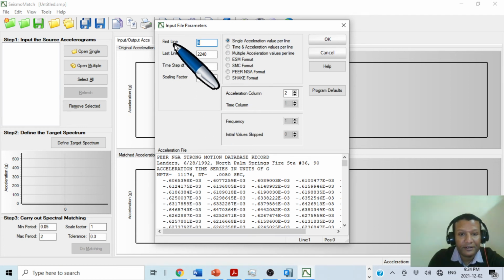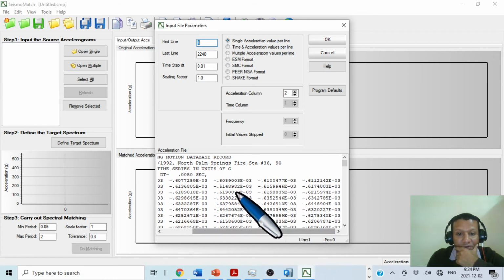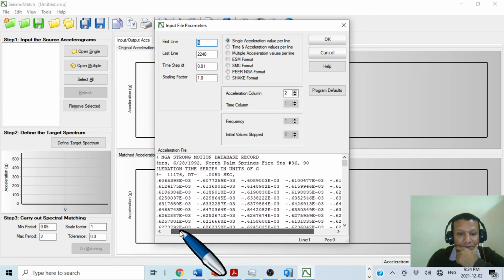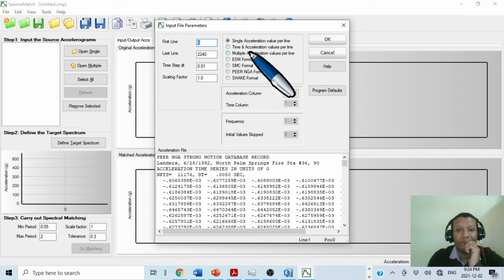So first line, 1 2 3 4 1 2 3 4 5 6. For example, no problem, directly I can say PEER format. Because we have a lot of formats, no need to count, we can go for PEER NGA format because that's where it is from.